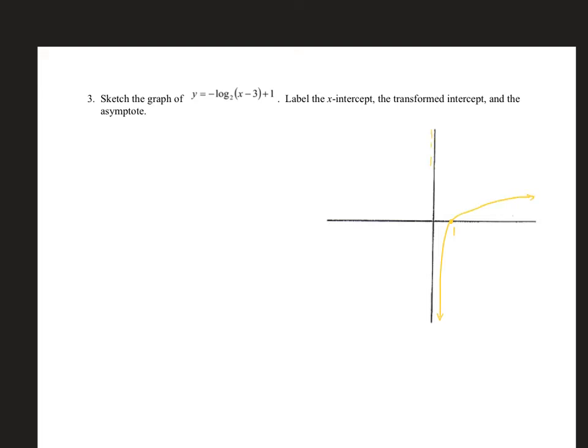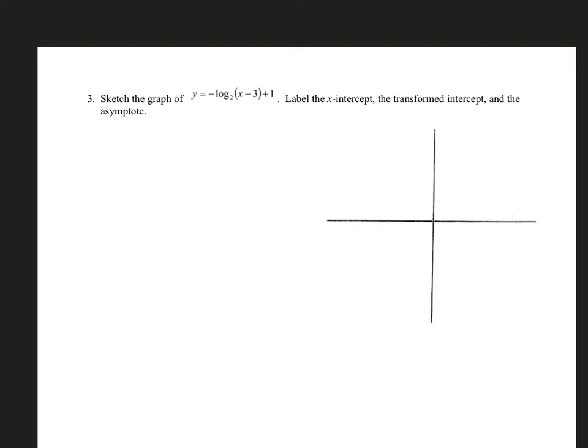I would then have my vertical asymptote at x equals 0. That is the graph that we're going to be performing those transformations to. So I'm going to get rid of all of that gold, but that is the graph that we are going to be able to work our way through.